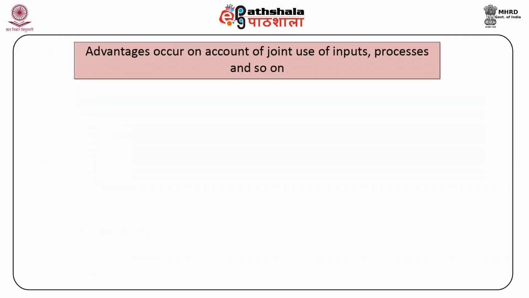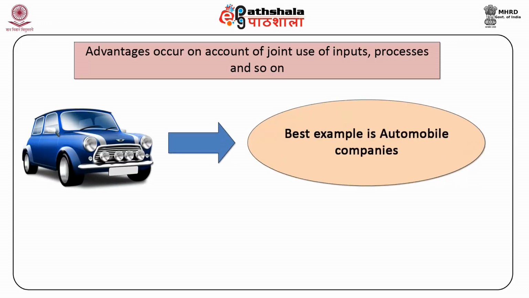These advantages occur on account of joint use of inputs, processes, and economies of management, technology, marketing, and so on. The best example is of automobile companies who produce more than one product.